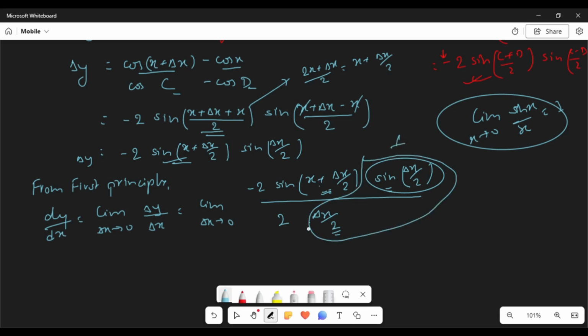And these two will cancel out. So when we put del x equal to 0 here, it will be minus sine x times 1, which is itself. So derivative of cos x with respect to x, d cos x by dx, is minus sine x.